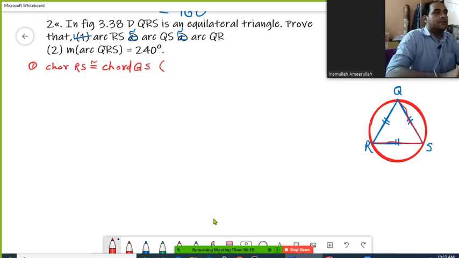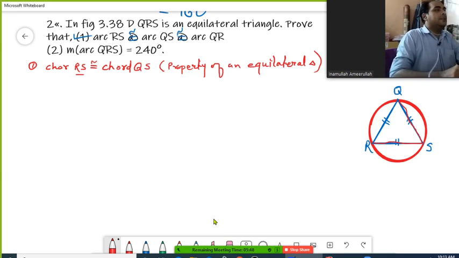So here we will mention property of an equilateral triangle.